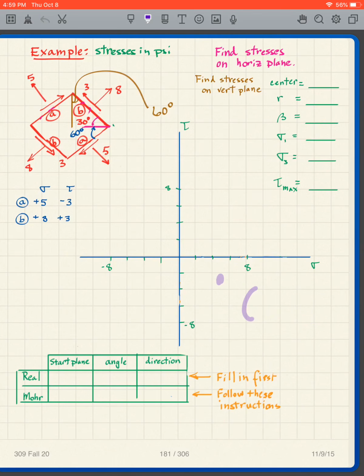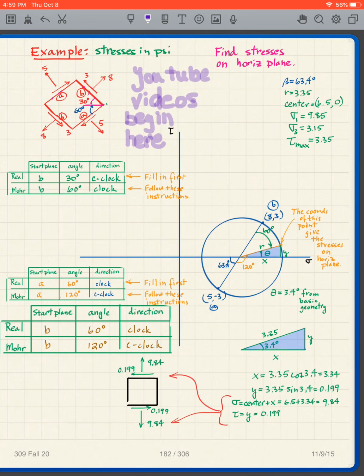Tau max is equal to the radius. We've got everything we need. In the next video, I will show you how to find the stresses on the horizontal plane. Okay, so I'm going to stop there. We have the circle.